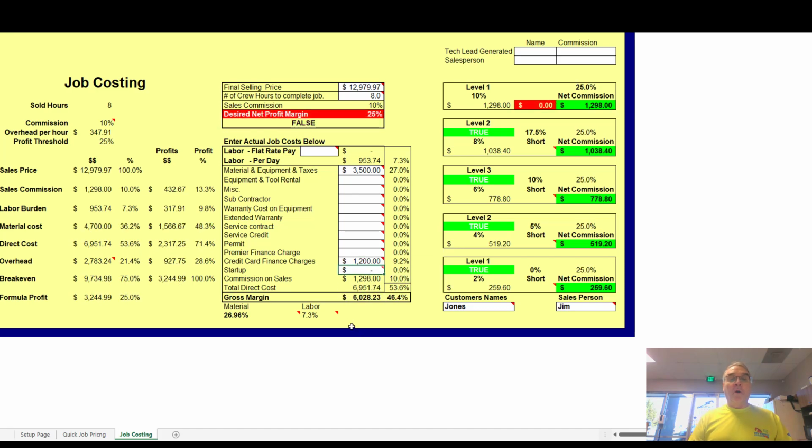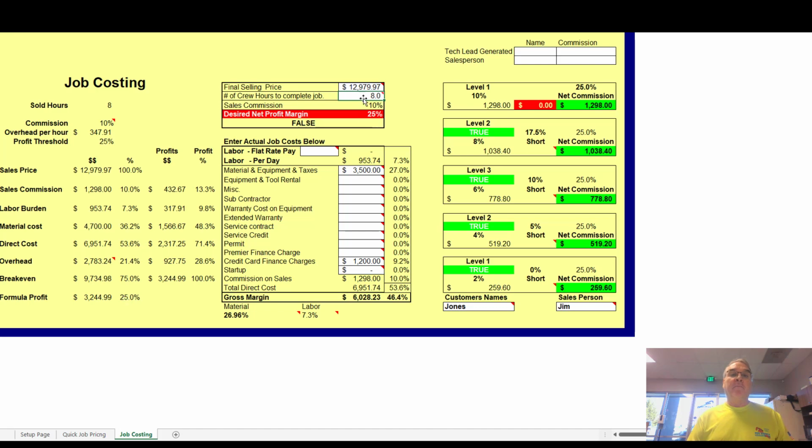So now we are perfect at a 25% net margin over here, and we've got a 46.4% gross margin. It tells us that right now because I put in the selling price and I put in the number of hours for that. Now, if you had more hours, look at what that's going to do to your net profit. Here's your net profit over here at 25%.